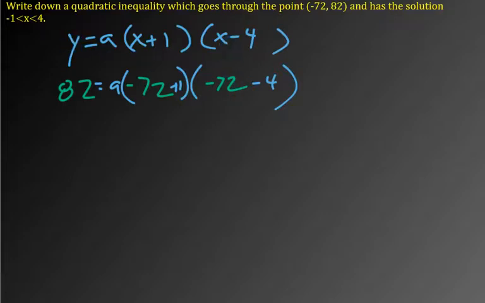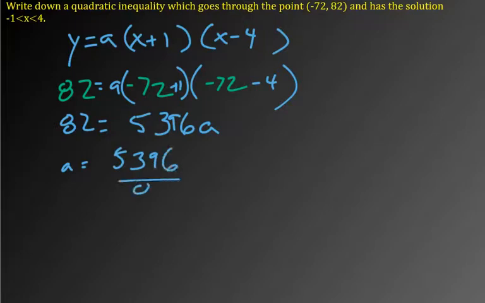And if you solve that out, you get 82 equals, I think, 5,396 times a. So if you divide that over, a works out to be 5,396 over 80. Nope, that's not how it works. Sorry, 82 over 5,396.